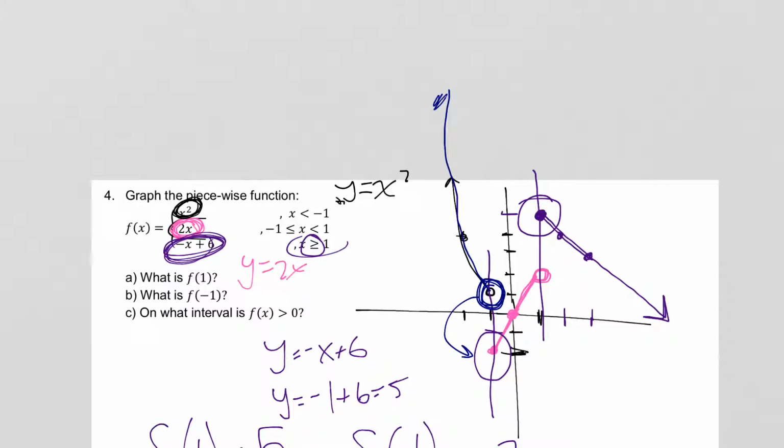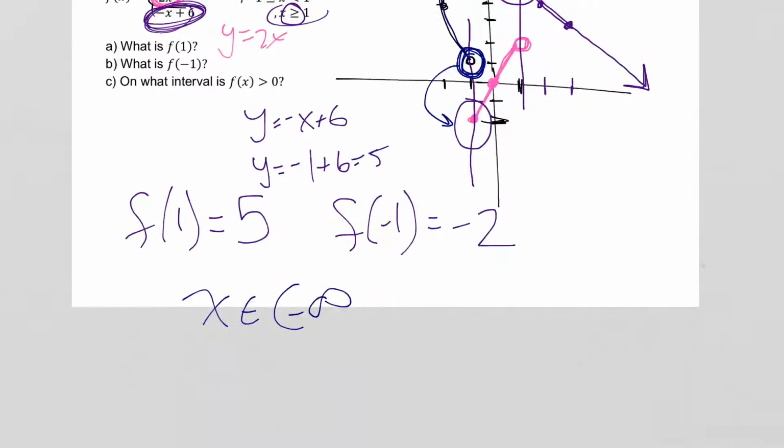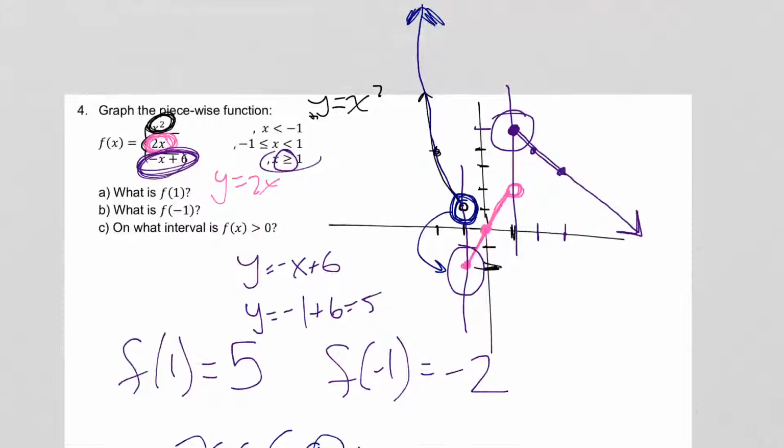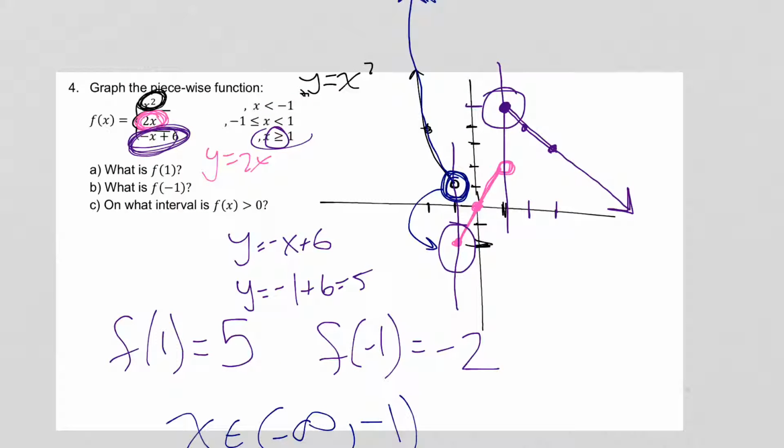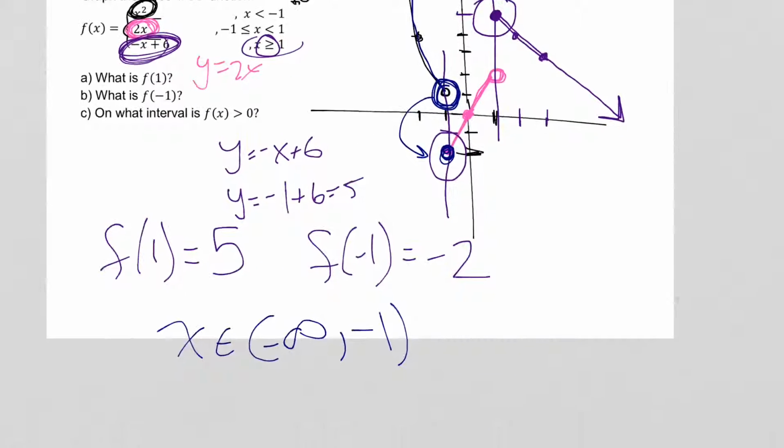That's what the arrow means. And it's going to continue up until we hit this open circle right here, which happens at the x value of negative 1. So I'm positive up until negative 1, but then notice that at negative 1, we already said that f of negative 1 has a value of negative 2, which is negative, therefore not positive. So I stop being positive at negative 1.